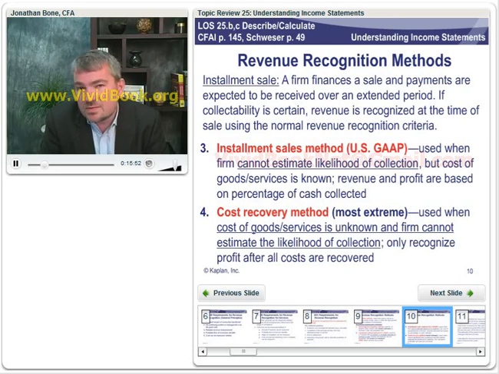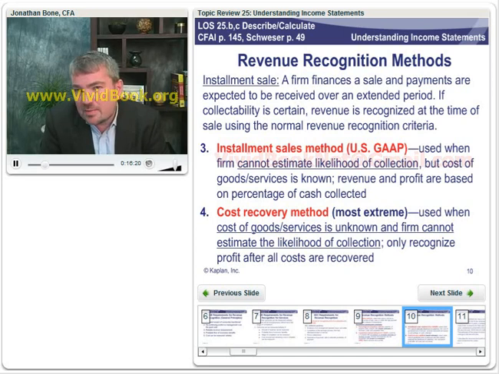Now, cost recovery method is the most extreme. It's used when we've got two sources of uncertainty regarding our installment sales. Source of uncertainty number one is whether the customer will pay you. Source of uncertainty number two is you don't know the total cost of providing the goods or services. Okay, so what we're going to do here is only recognize any profit once all the costs are recovered.